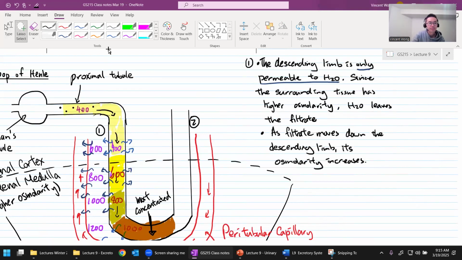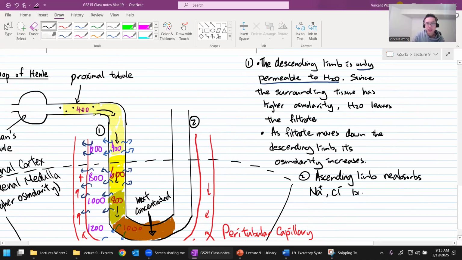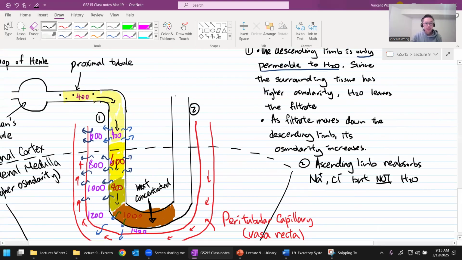The ascending limb only reabsorbs NaCl, but not water, right?